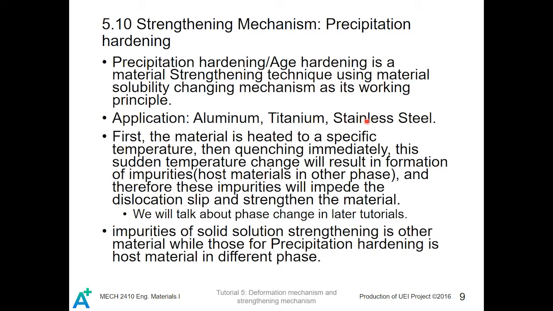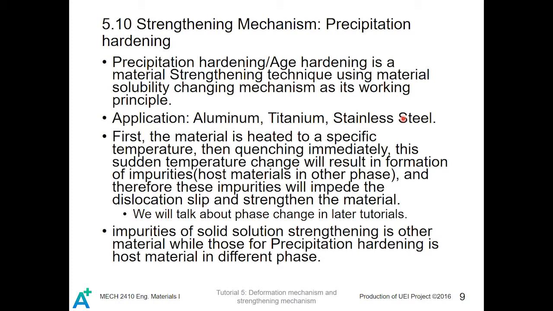Precipitation hardening. Precipitation hardening, or age hardening, is a material strengthening technique using the material solubility changing mechanism as its working principle. There are applications of this mechanism, such as aluminium, titanium, and steel. First, the material will be heated to a specific temperature, then it will be quenched immediately.